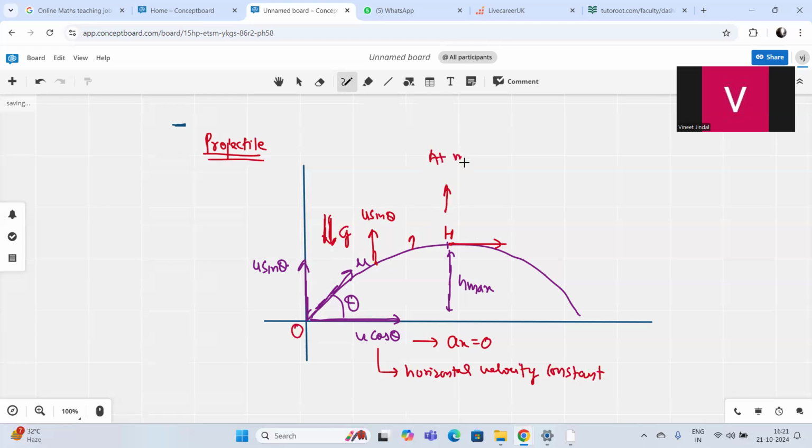At maximum height, vertical velocity is equal to zero. So the only component of velocity left at the top of the height is the horizontal velocity, u cos theta.